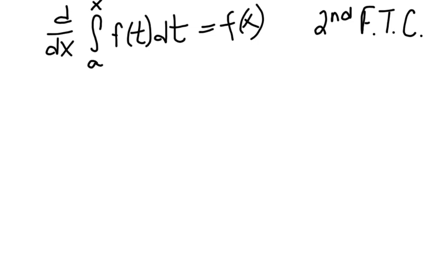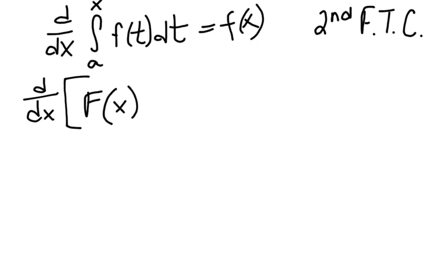Now, this one is really easy to show you why it works. Let's say that I've got d dx of this integral. Using the first fundamental theorem of calculus, it could be shown to be capital F, the antiderivative of f of t, with the upper limit x plugged in, minus capital F of the lower limit a plugged in, which a is any constant number.